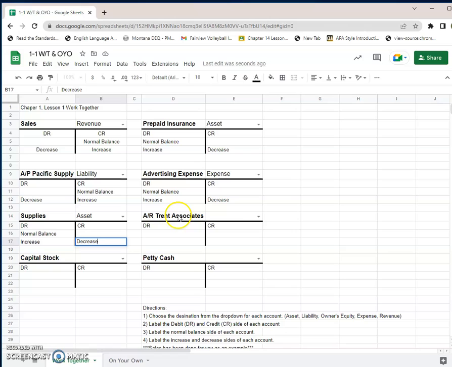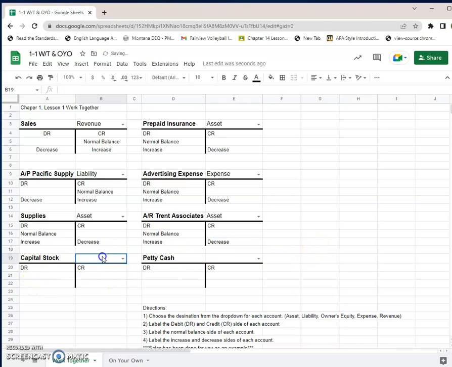And accounts receivable, Trent Associates. Accounts receivable is always an asset, which means its normal balance is a debit, and it will increase with a debit and decrease with a credit.